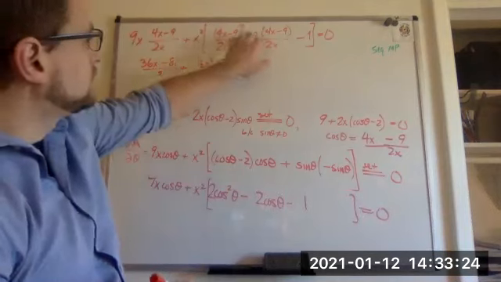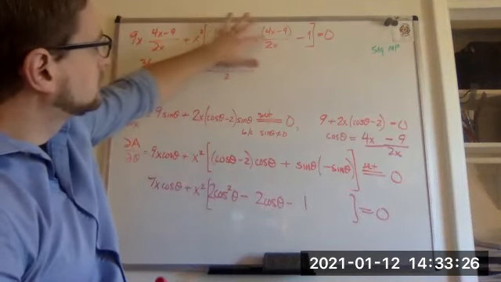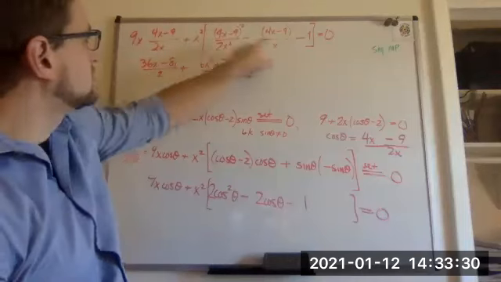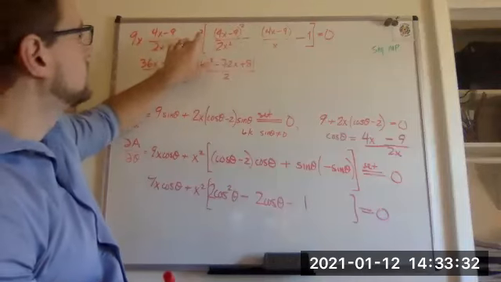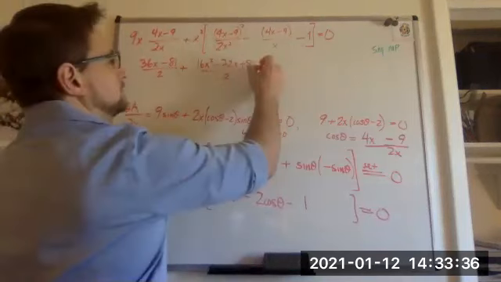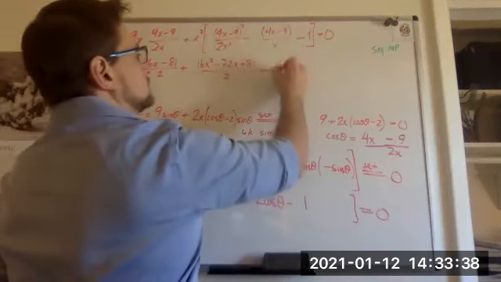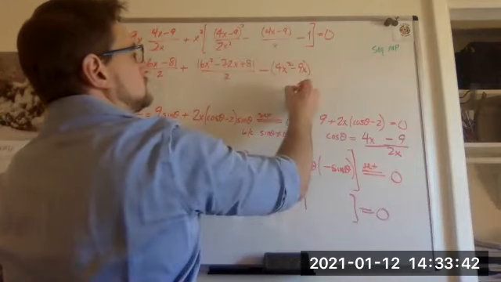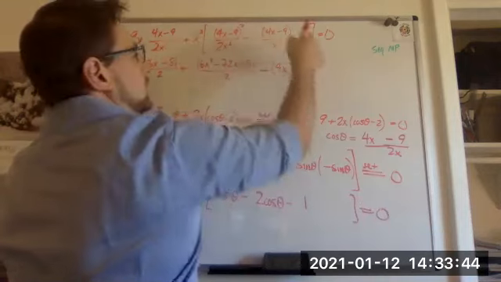Here, the 2's fully cancel. And one of those x's is going to cancel. So we just have to distribute an x into 4x minus 9. x squared.